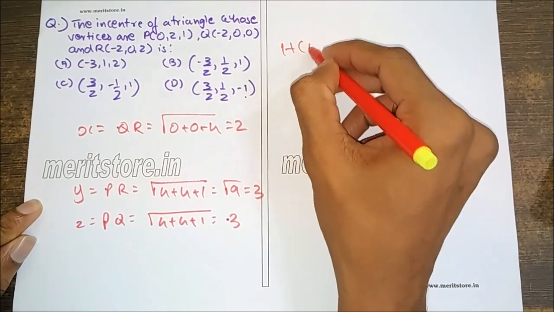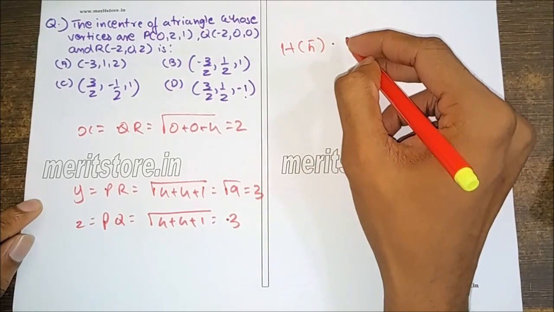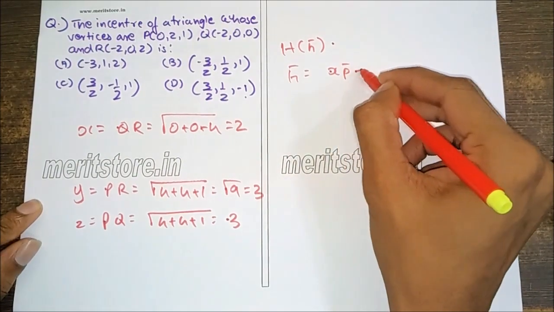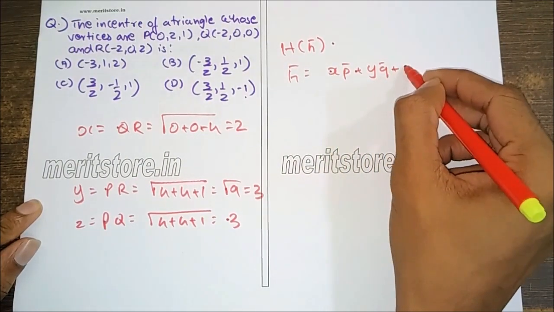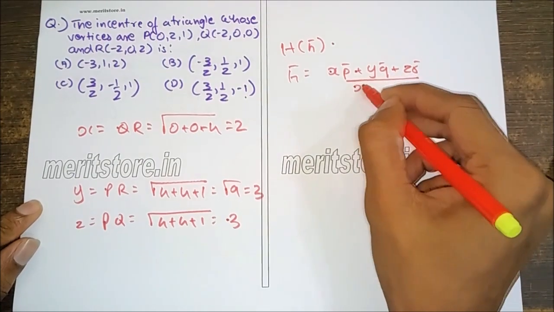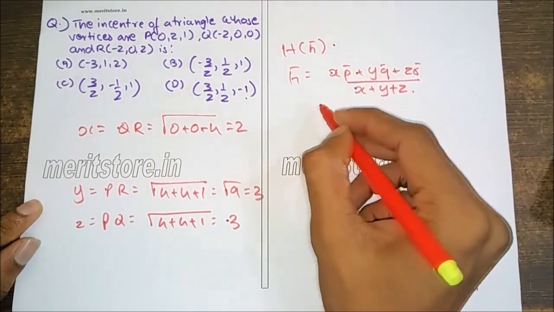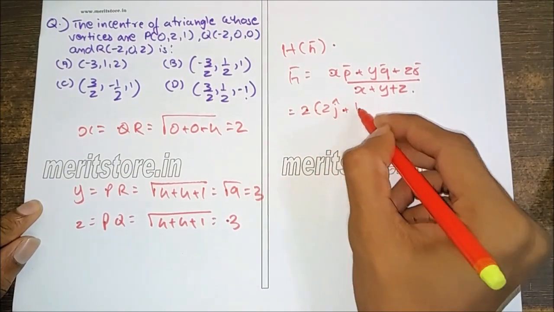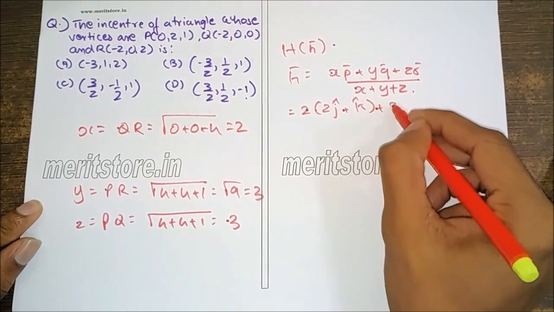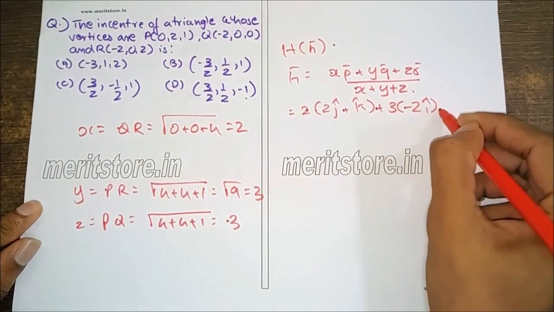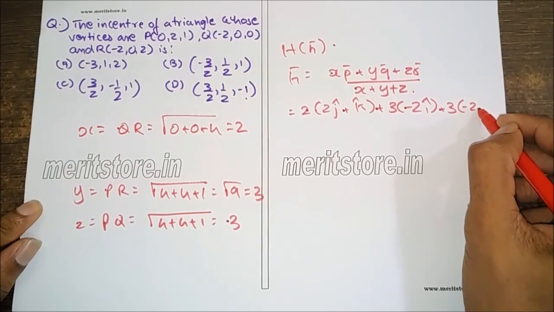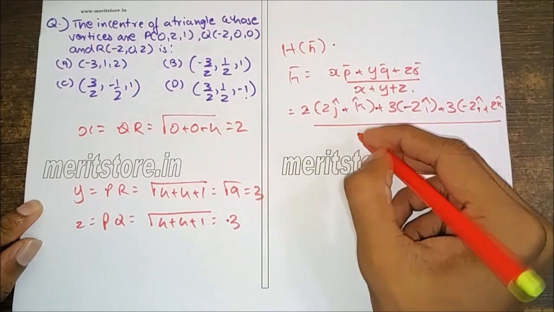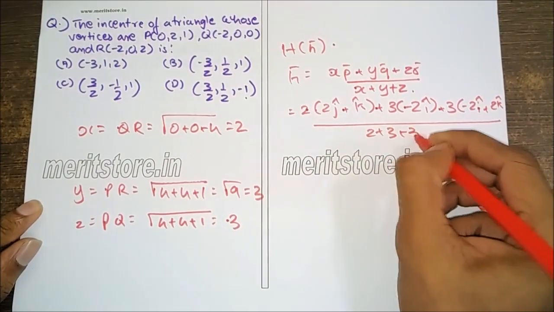Let h vector be the incenter of triangle ABC. So h vector we get as x into p vector plus y into q vector plus z into r vector, upon x plus y plus z, where we can write this as 2 into 2j plus k plus 3 into minus 2i plus 3 into minus 2i plus 2k, upon 2 plus 3 plus 3.